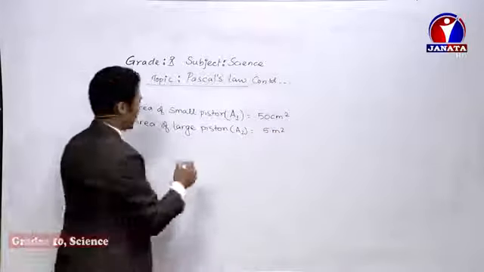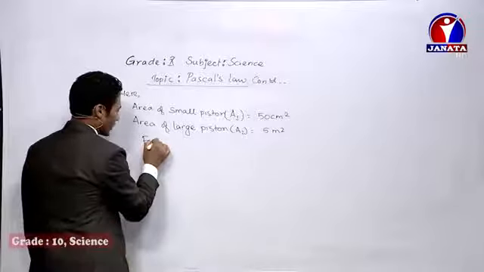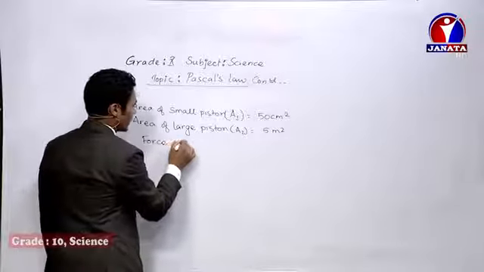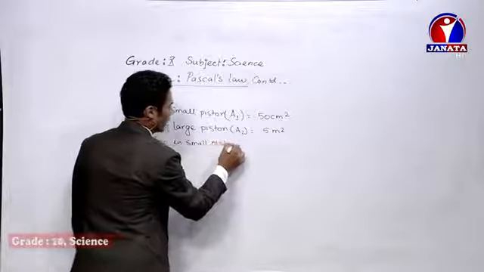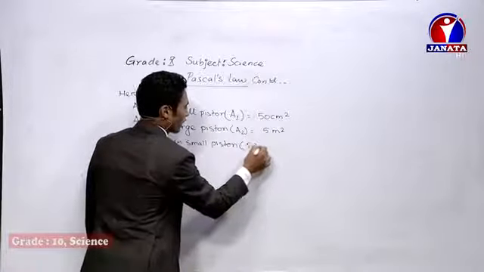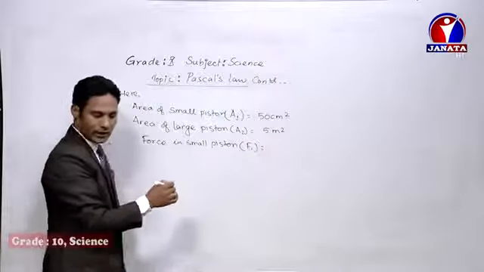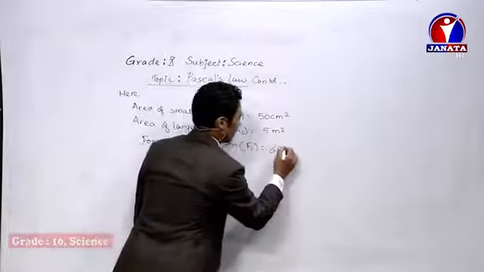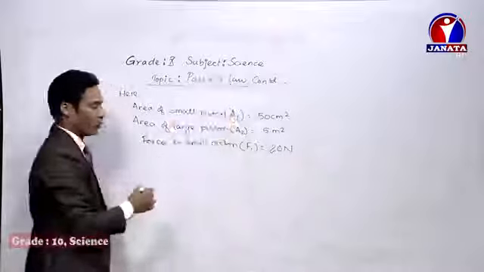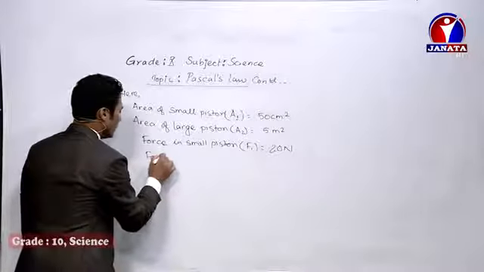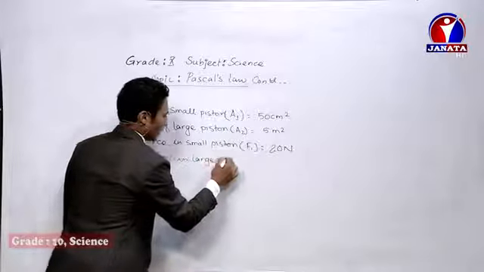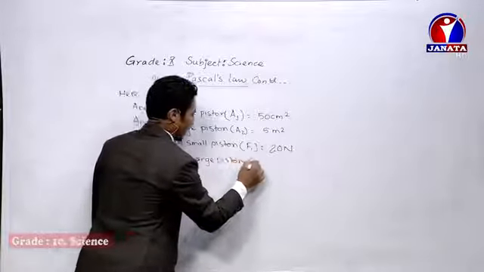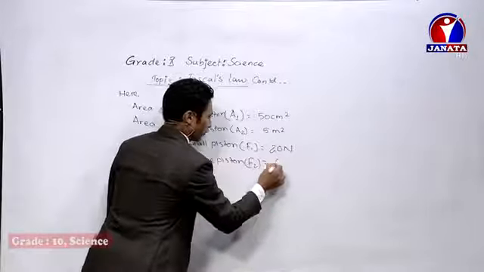And effort or force in the small piston, you can write down this effort also, no problem, right? This is given as 20 Newton, and load or force in the large piston, F2 equals what?